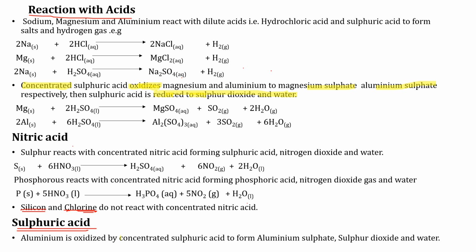So we expect concentrated sulfuric acid to oxidize aluminium, and aluminium is going to be oxidized to its respective sulfate. And after oxidizing, what happens to the acid? The acid is reduced to sulfur dioxide and water. That's how we read them. We are going to learn how to balance all these equations in the video I'm next to upload for the redox reactions.